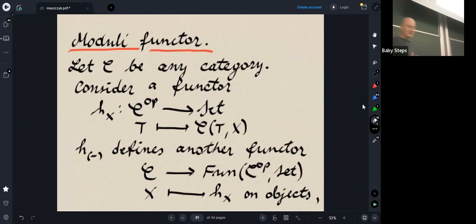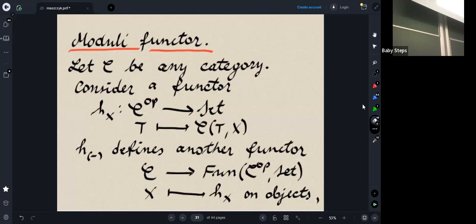For any category C, we can consider a functor from the category C with arrows made opposite to the category of sets, associating with every object T of this category, again, the set of all morphisms in the category C from the object T to the object X. We can rewrite this as H_X, leaving this slot for T blank.